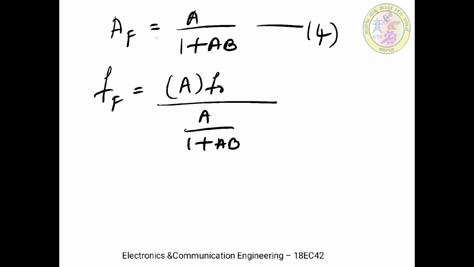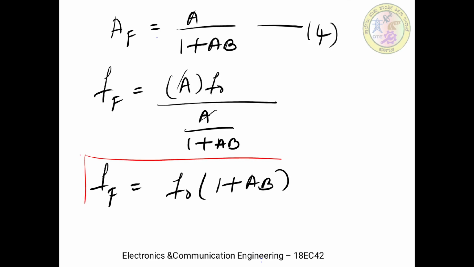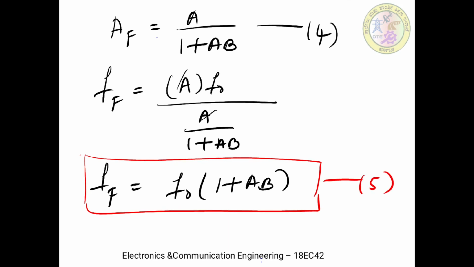With further simplification, you can see that the A term is going to cancel here and we have F naught into 1 plus AB. This is the relation, we'll call it equation 5.